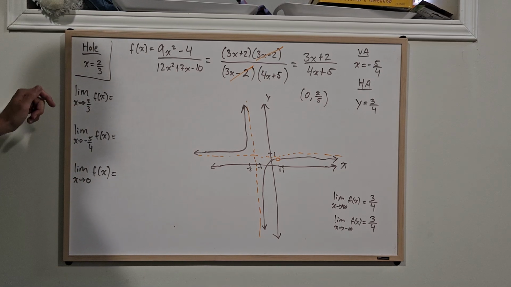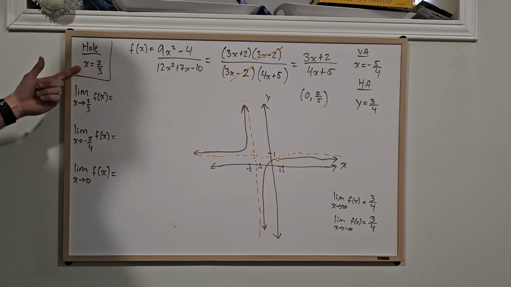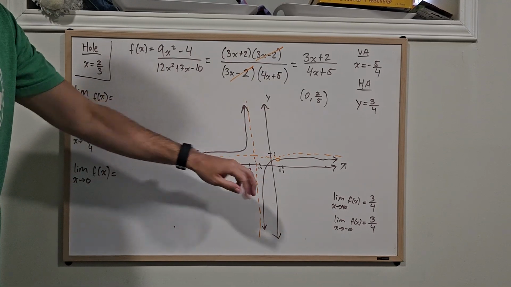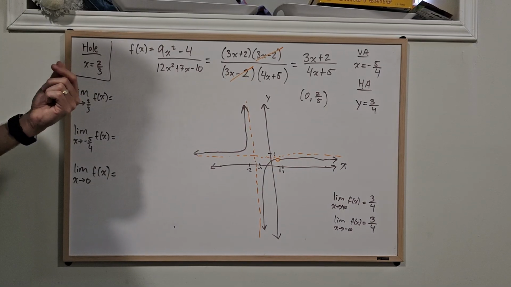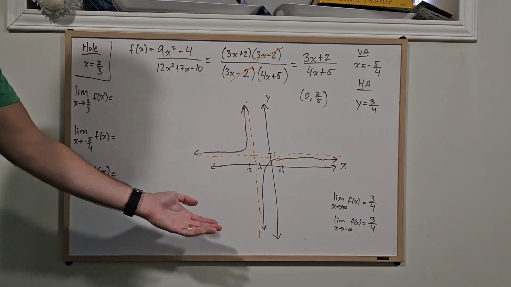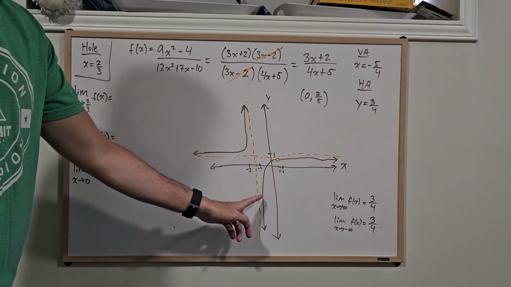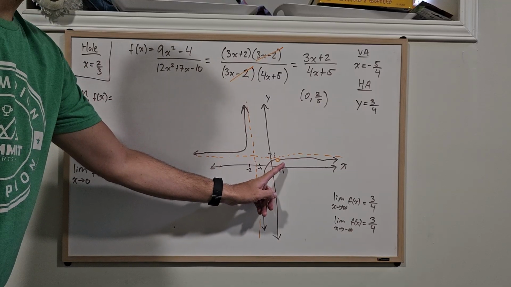Limit number 1, the limit as x approaches 2 over 3 of our function. Well, we just figured out that when x is equal to 2 over 3, we have a hole there, right? But the definition of a limit is that the limit exists if the limit when it approaches from the left side is the same as the limit when it approaches from the right-hand side.